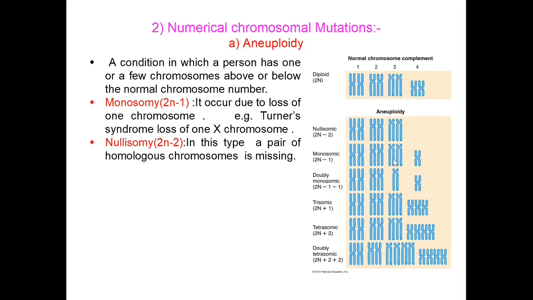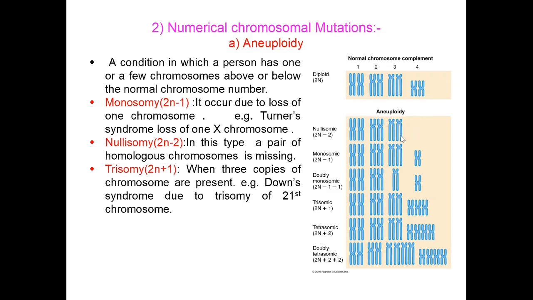Next type is nullisomy. In this type, a pair of homologous chromosomes is missing. This is nullisomy, when a pair is missing. Then trisomy, when three copies of a chromosome are present.